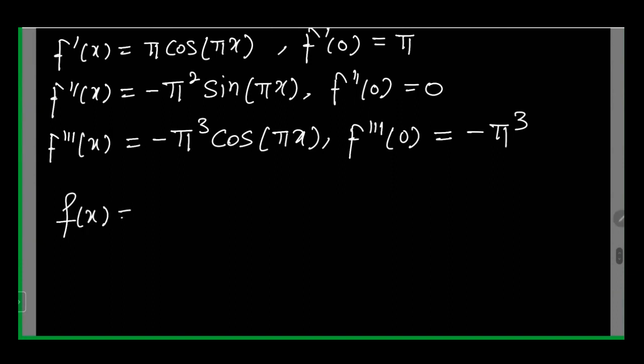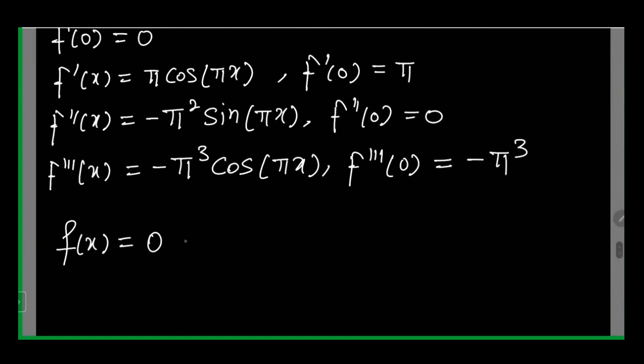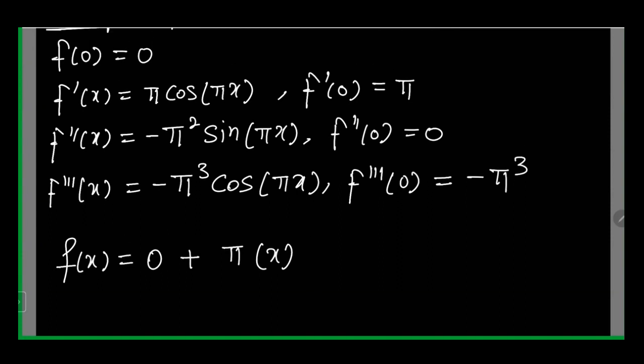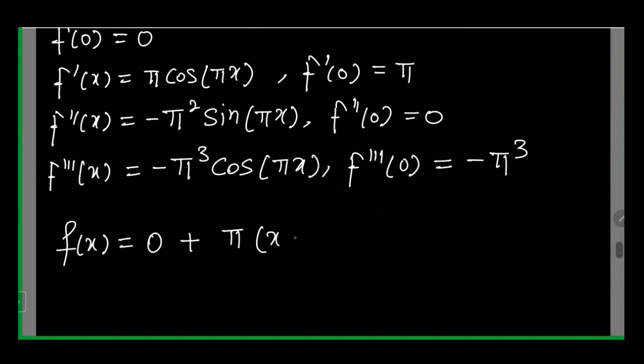f of x equals f of 0. So f of 0 is 0 plus f dash 0 is pi multiplied by x. Actually, what I should write is x minus 0 because it is x minus a, right? And a is 0 now. So I can simply write this plus. Now again your f double dash 0 is 0.